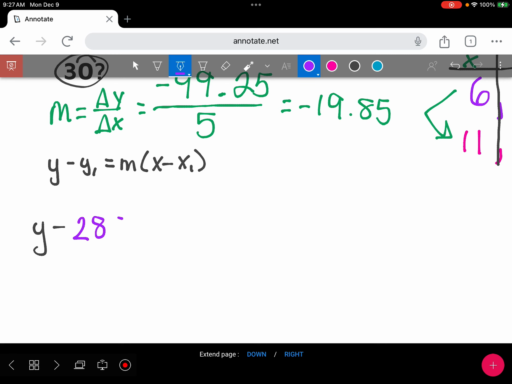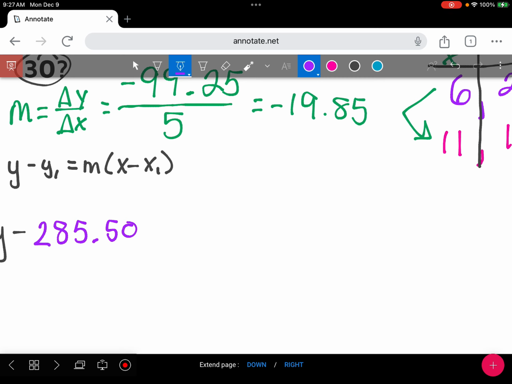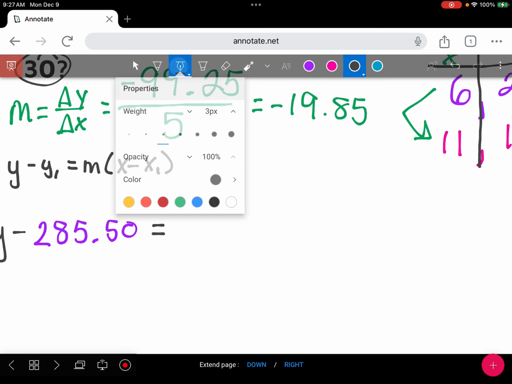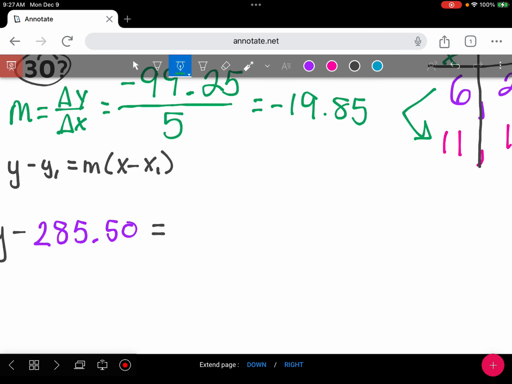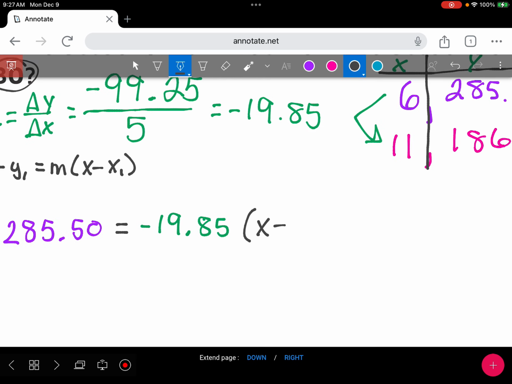So our 285, that would be one of my y's. So y minus our 285.50 equals our slope, our m, negative 19.85, x minus the x value from that point, which was 6.